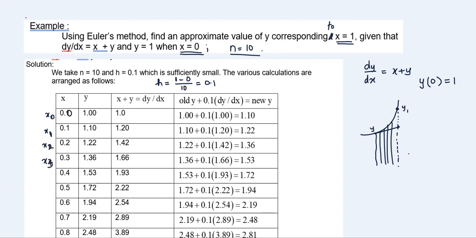This is 0.0. So x1, x2, x3, 0.01. So dy by dx is f of x comma y.